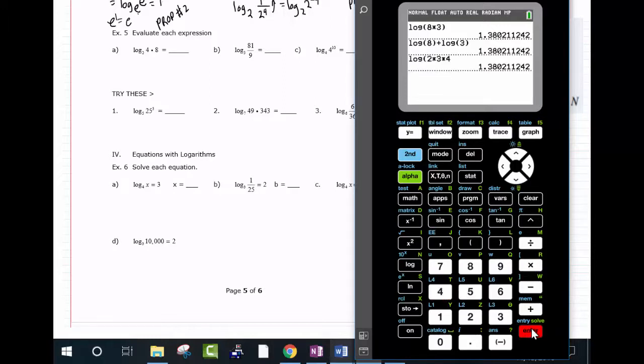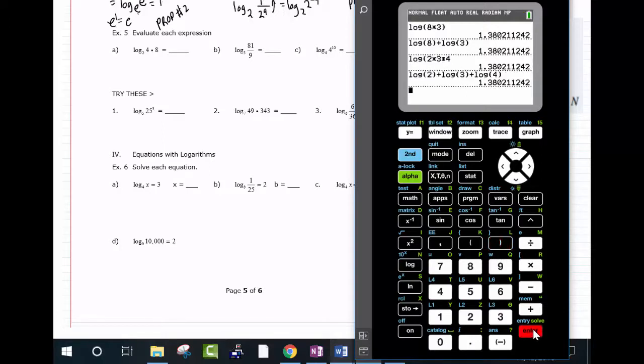Well, that's the same thing. That's 24. So if I did log 2, and then plus log 3, got to close parentheses, and plus log 4, it'll give the same thing. So it doesn't matter how many things you're multiplying, they will still add up.